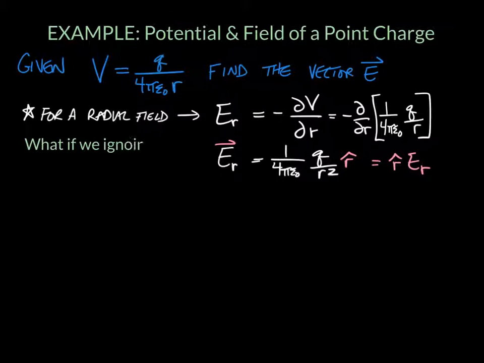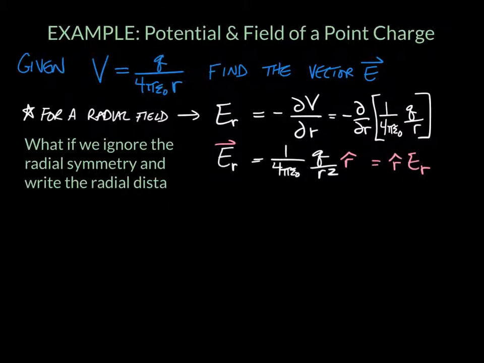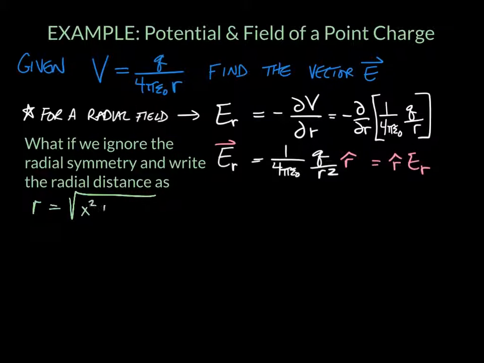So what if we ignore the radial symmetry and write the radial distance as good old Pythagorean radial distance.